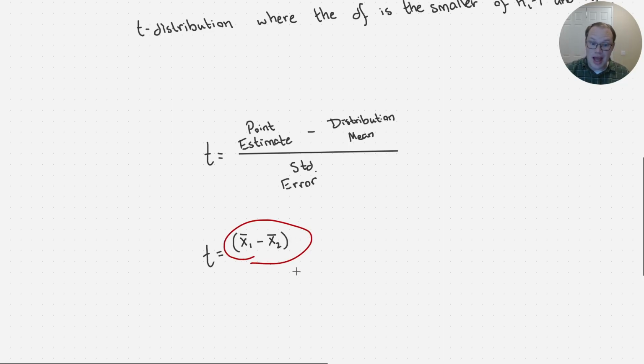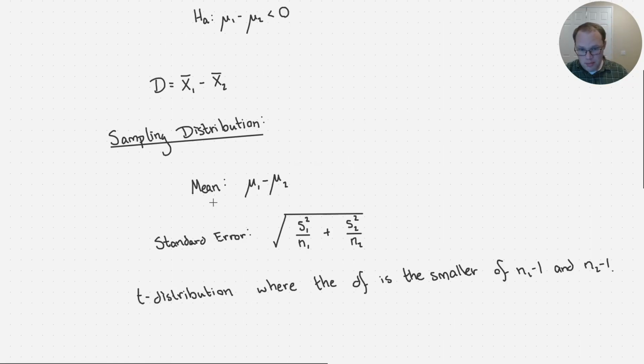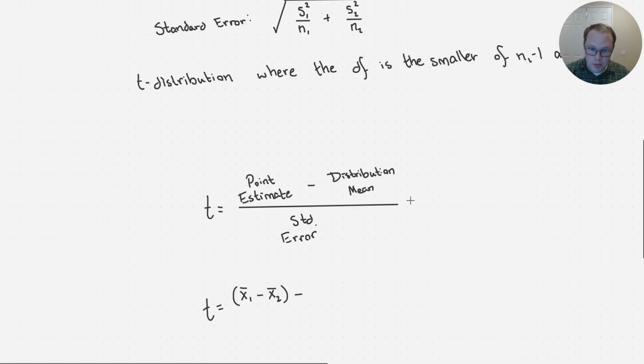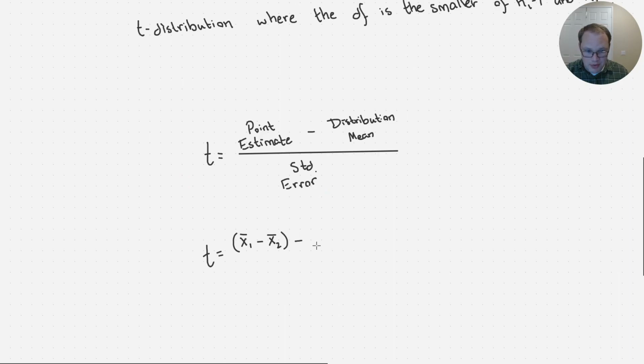So that's our point estimate, together, x1 bar minus x2 bar. And I'm going to subtract the distribution mean. We've already identified our distribution mean: whatever mu1 minus mu2 is by our hypothesis, whatever that null hypothesis says it is. We're assuming the null hypothesis is true. So mu1 minus mu2, and then we divide by our standard error.